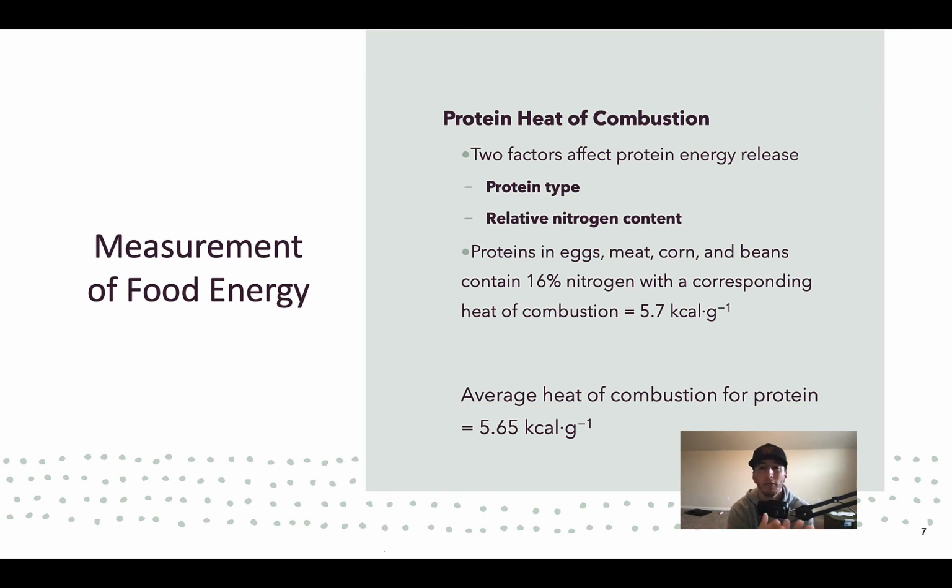Lipids are a little bit different. Protein is dramatically different, right? 4 kcals normally when we're thinking about it on nutrition facts, 5.65 whenever we put it into a bomb calorimeter. The reason is twofold. It is protein type as well as the nitrogen content. So the nitrogen content is going to drive the difference in combustion.